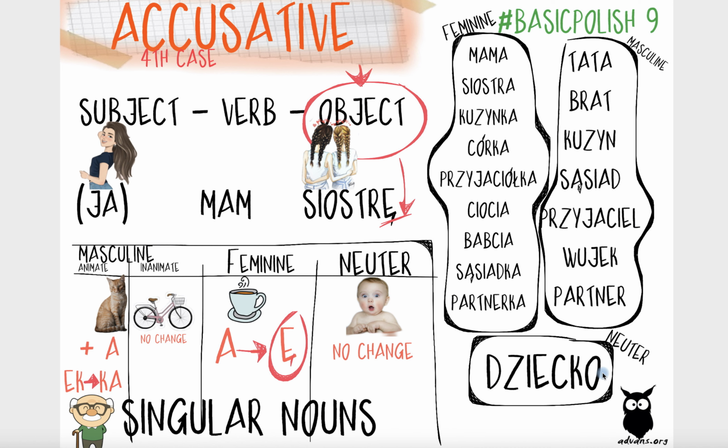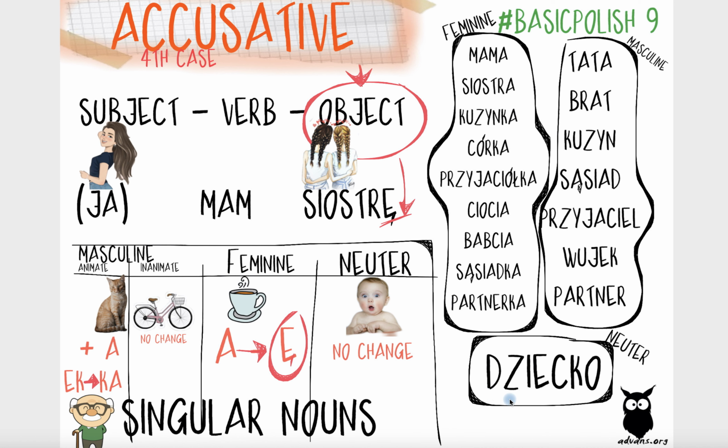Okay, and the last but not least, neuter nouns. This is a word for a child in Polish, dziecko, D-Z-I-E, dzie, dziecko, child.